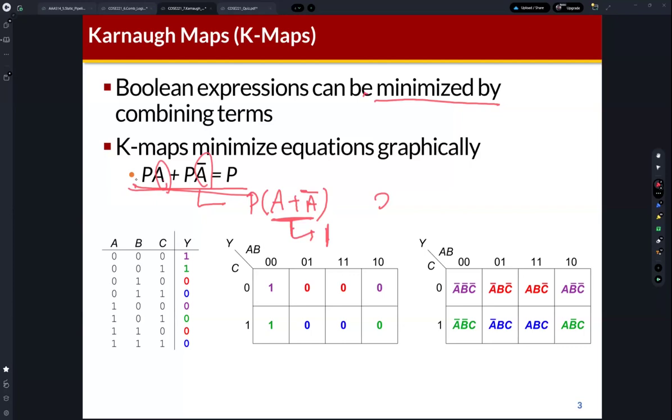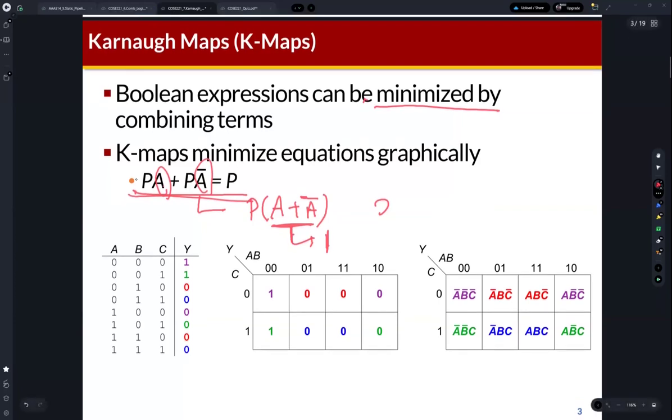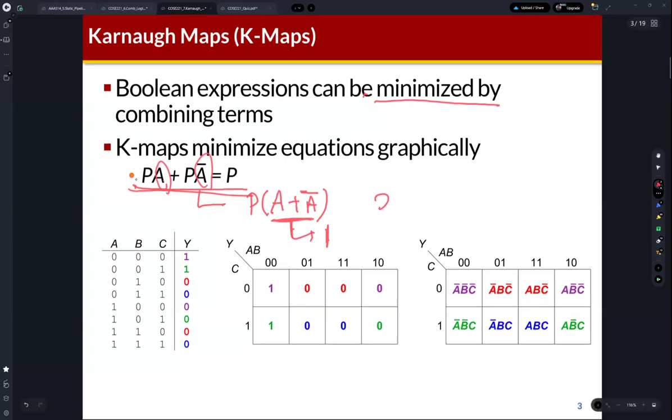The Karnaugh map exploits this combining theorem for optimizing Boolean equations.